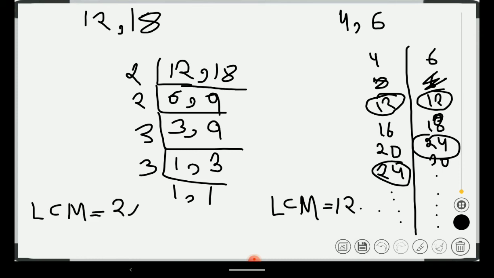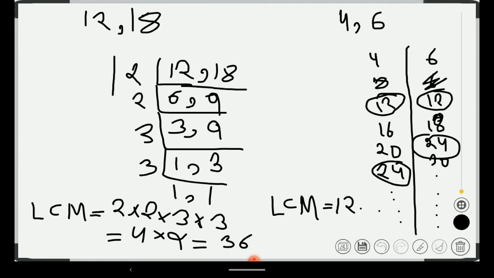LCM is 2 into 2 into 3 into 3. That is 4 into 9, which is 36. And the prime factors of 36 are also, as I have discussed, 2 2 3 3. You can rewind the video and check that, or you could do it on pen and paper and check that. I am not saying it again.